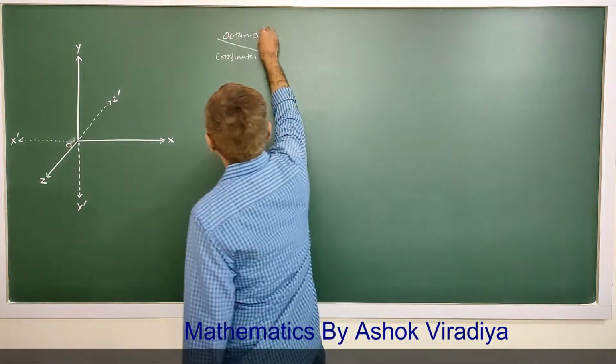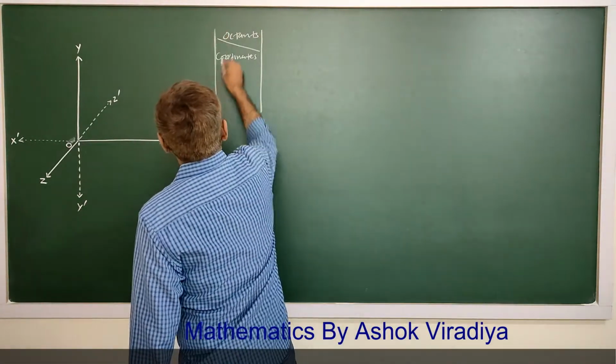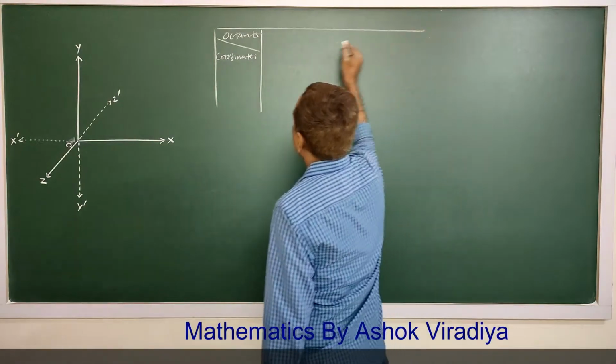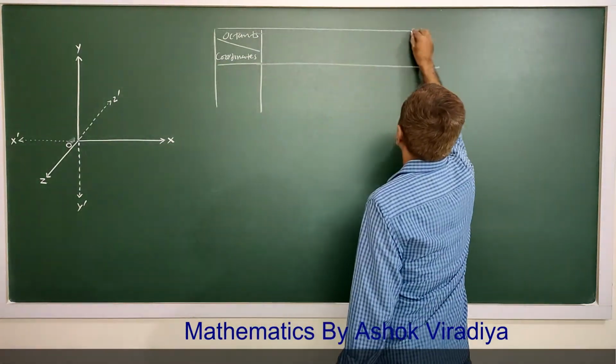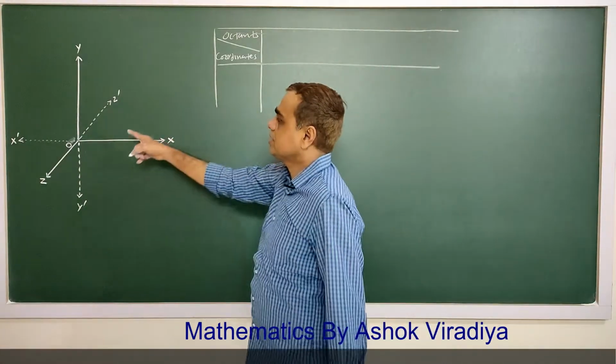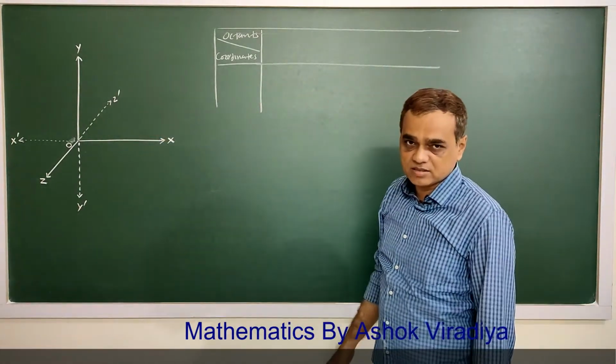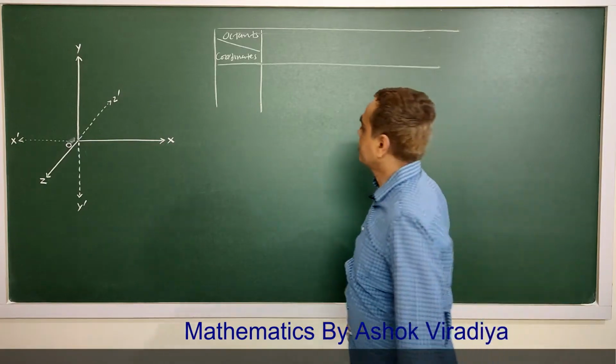That means, say here I am preparing a table. This is divided in 8 parts. Each part is said to be an octant.